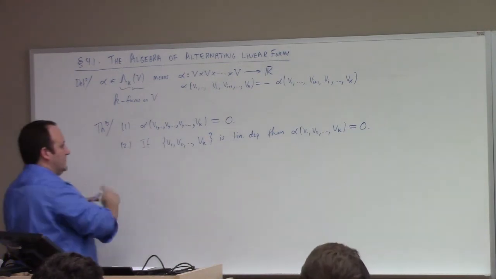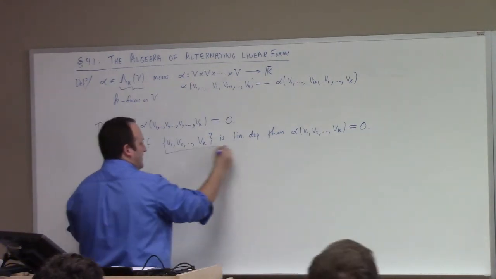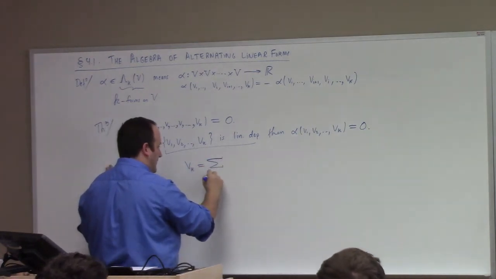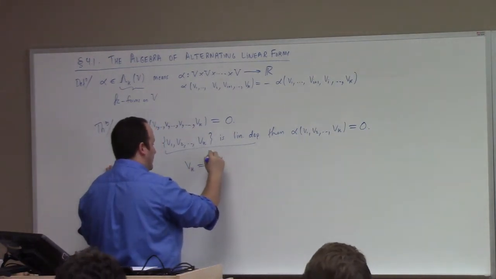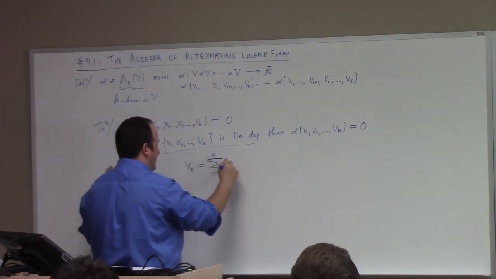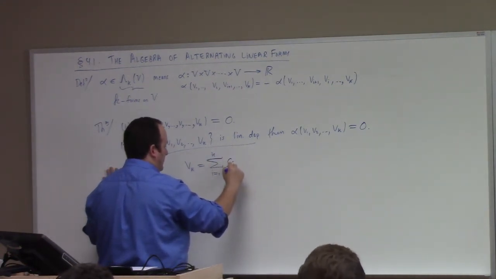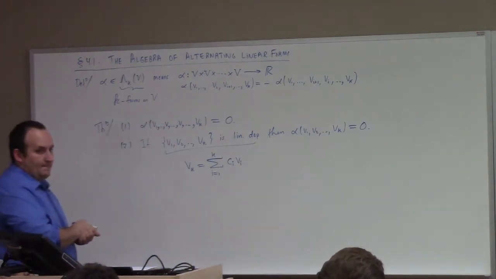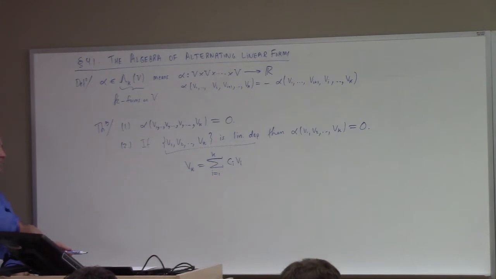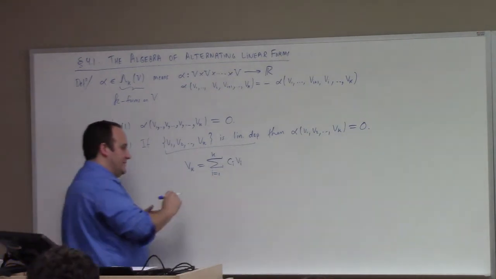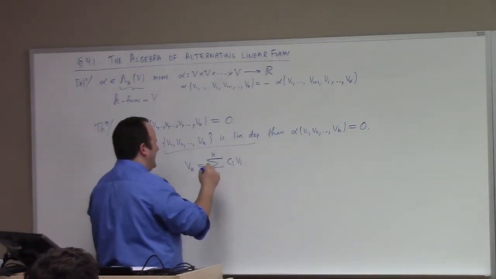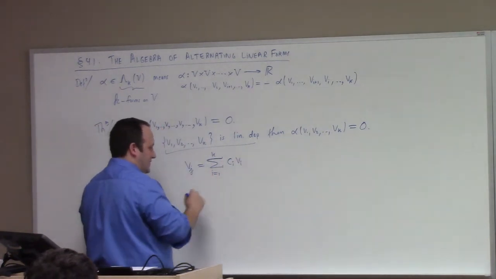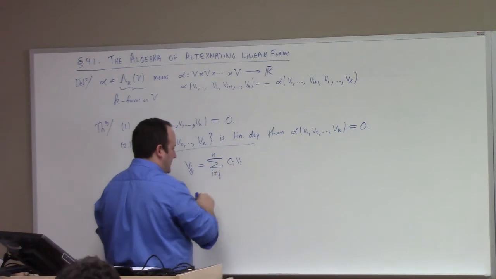Now, this one, if they're linearly dependent, what's that mean? That means that you can find vj, which is equal to the sum over i not equal to j of ci vi, right?